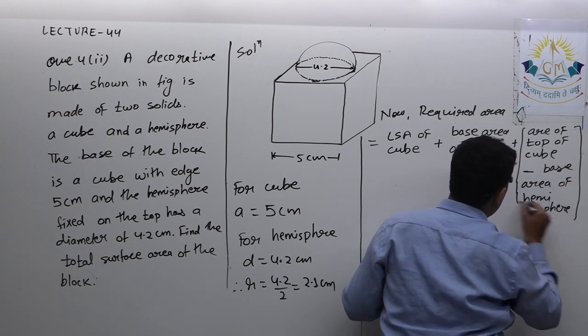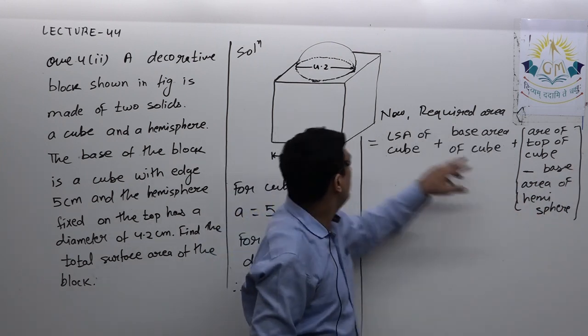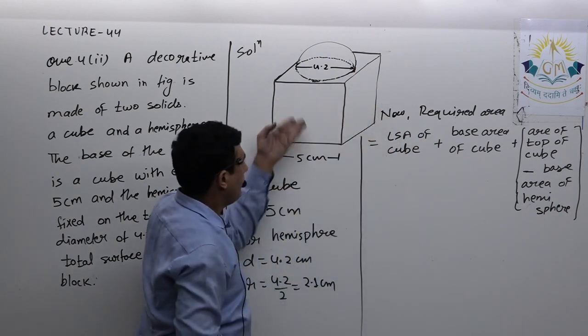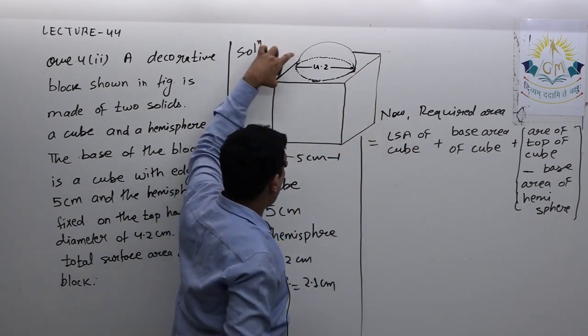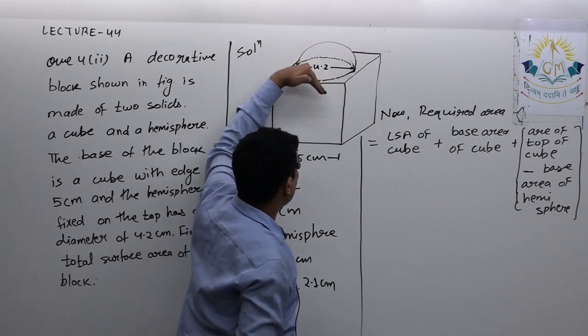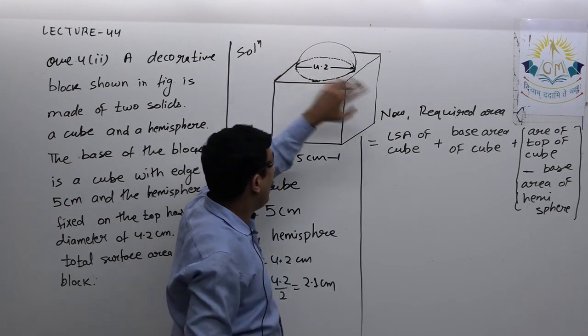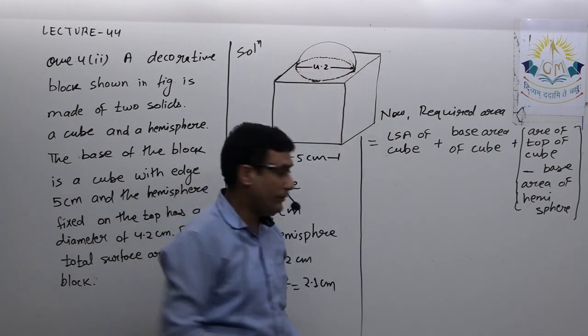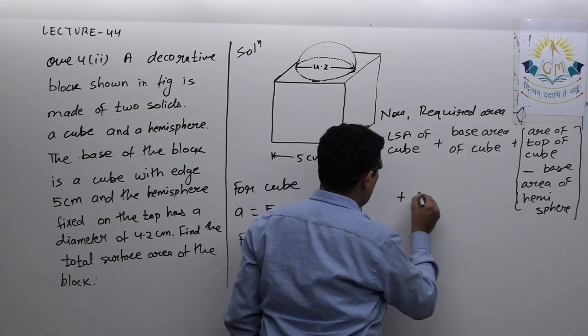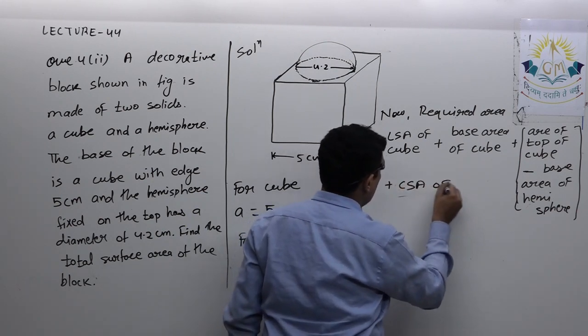That I have to do. LSA of cube plus base area of cube plus area of top. From this area of top, I have to subtract the area of this circular portion, as well as plus CSA of hemisphere.